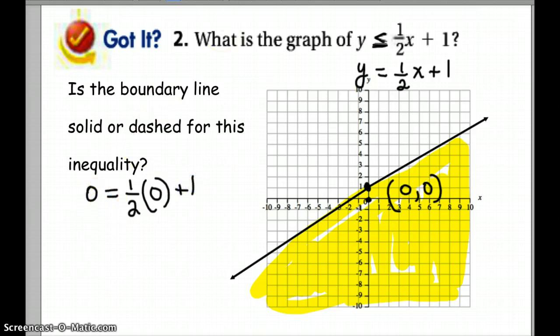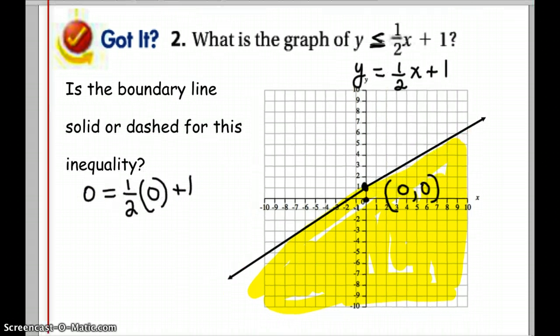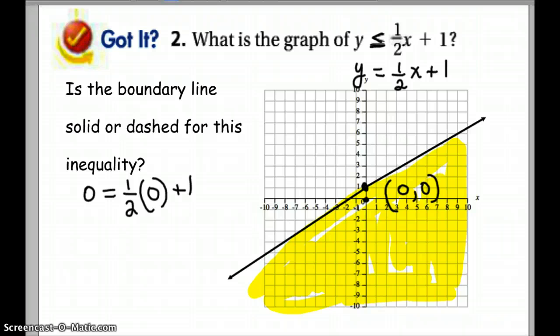And instead of the equal sign, we're going to have a less than or equal to sign. And go ahead and simplify. 0 is less than or equal to 0 plus 1, which is 1. 0 is less than or equal to 1. We know that we shaded the right area.